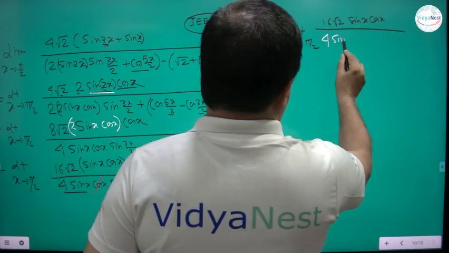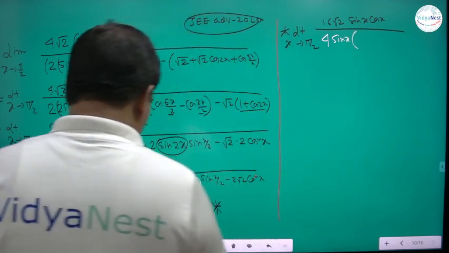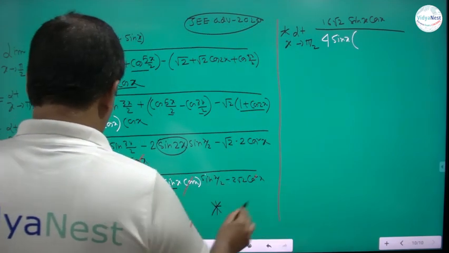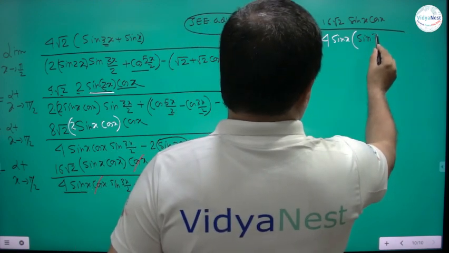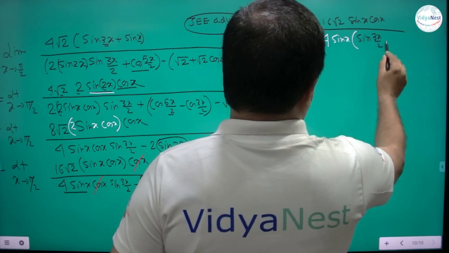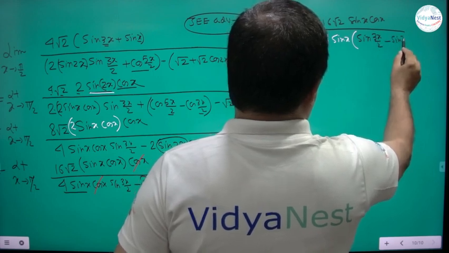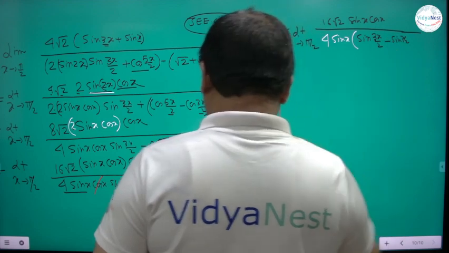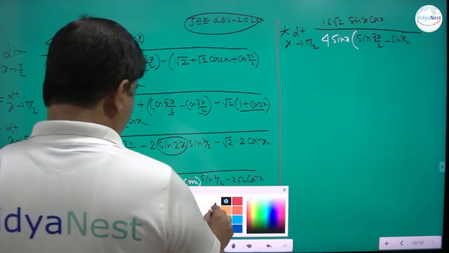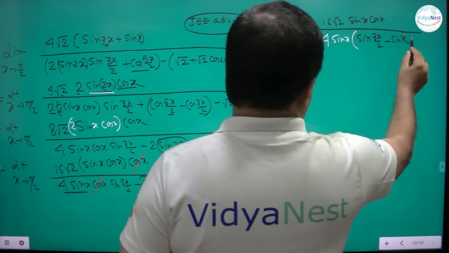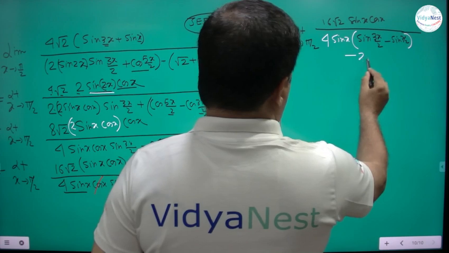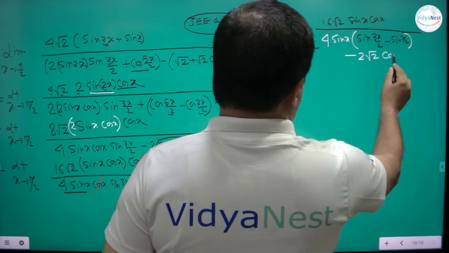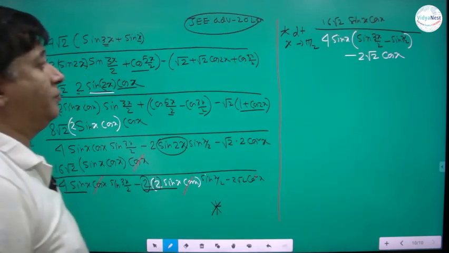If I take 4 sin x common, what will be left in the bracket? Sin 3x by 2 minus sin x by 2 minus 2 root 2 cos x. Yes or no?